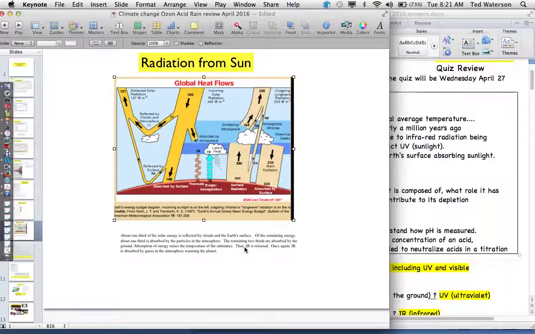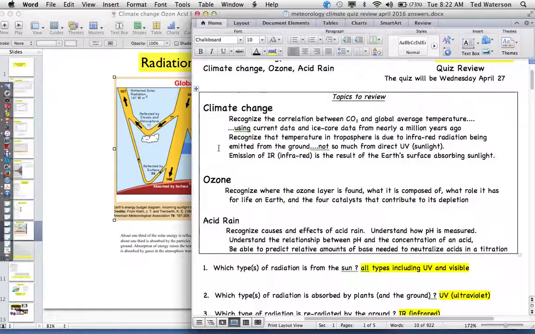And then that infrared is absorbed by the carbon dioxide, the nitrogen dioxides, the sulfur dioxides, but the thing is, even water's going to absorb some of that. So that's really what this whole thing on climate change is referring to.